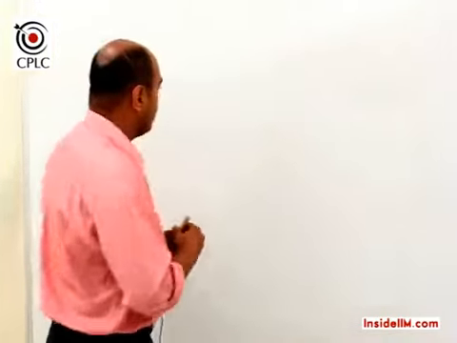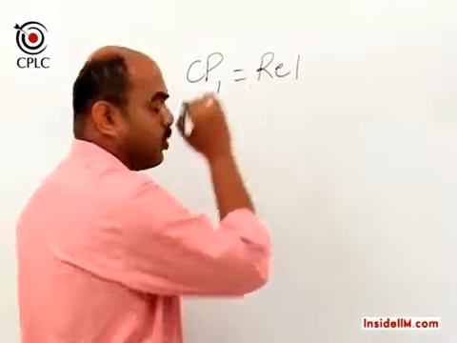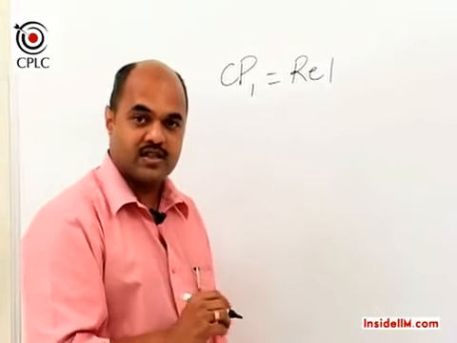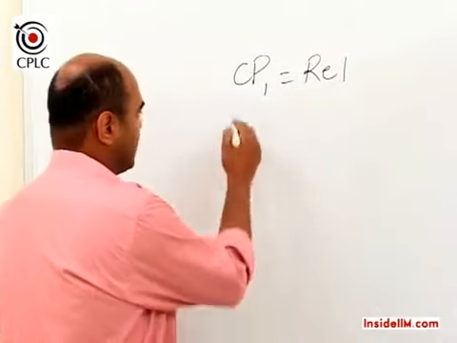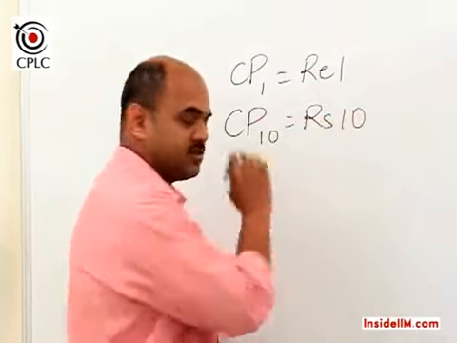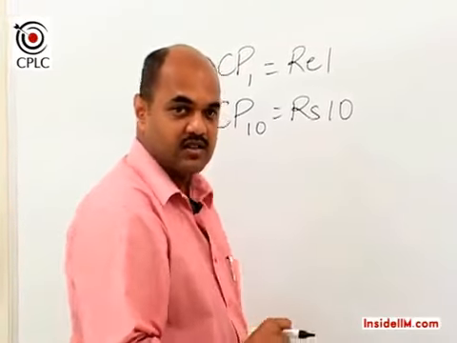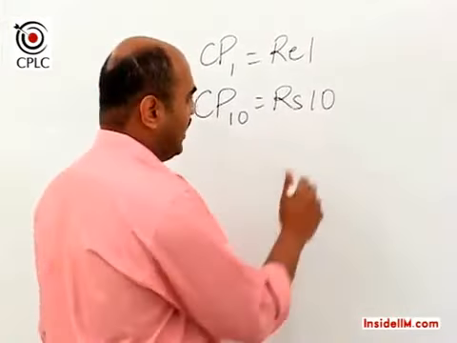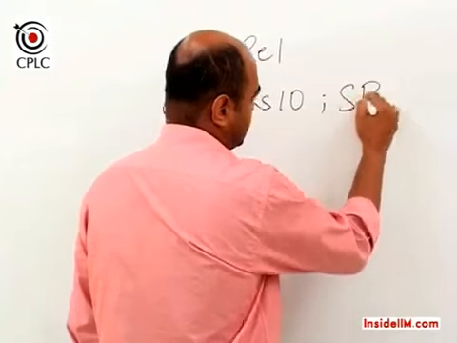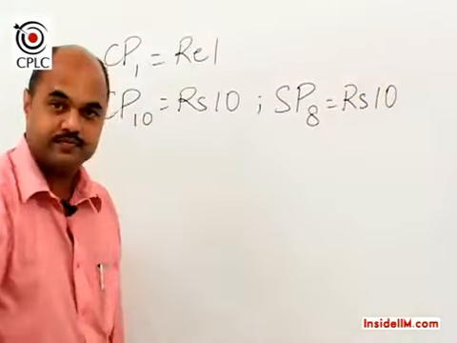So suppose we start by saying cost price of one article is 1 rupee. The question says cost price of 10 articles, and hence cost price of 10 articles would be 10 rupees. Now the problem has told us that cost price of 10 articles is equal to selling price of 8 articles, and hence we can say selling price of 8 is also 10 rupees.